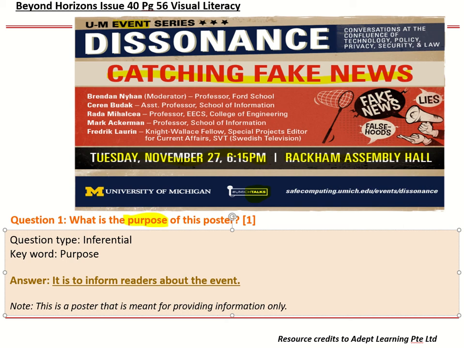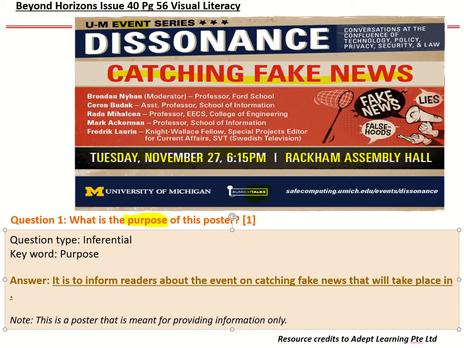So you need to be more specific. On catching fake news, that will take place in the University of Michigan. Right, so if you were to write that, that will give you 1 mark.